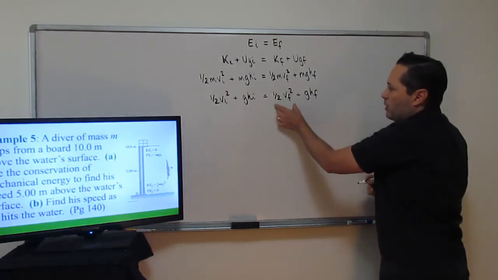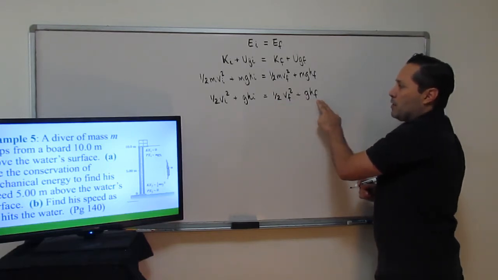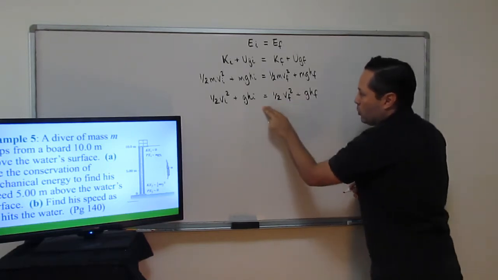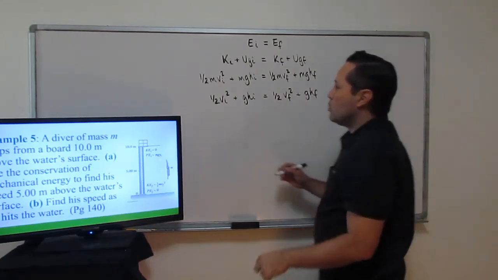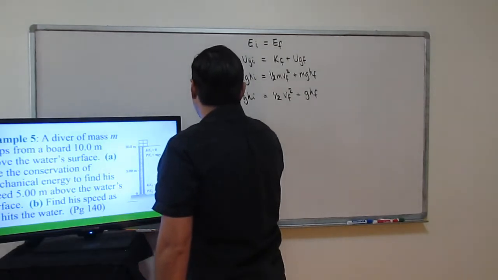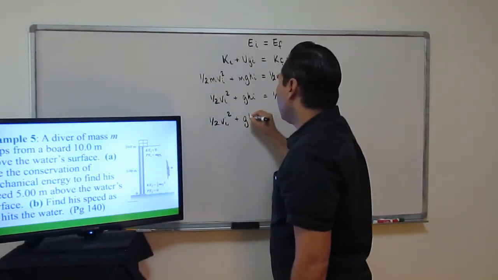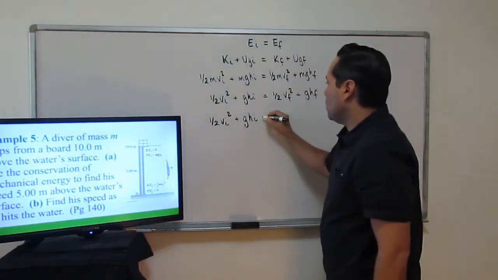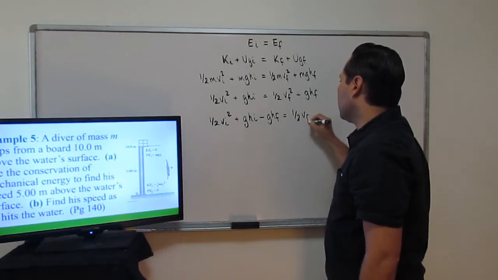Well, I want to isolate the VF, velocity final, so I'm going to move this gravity times height final over to this side. Notice that's a positive, so I'm going to do it by subtraction. So now I have 1/2 velocity initial squared plus gravity times height initial minus gravity times height final, equal to 1/2 velocity final squared.